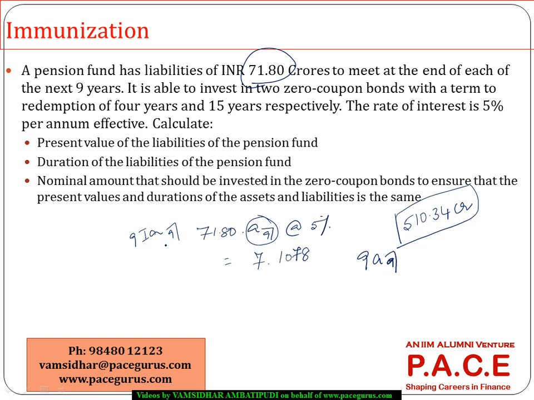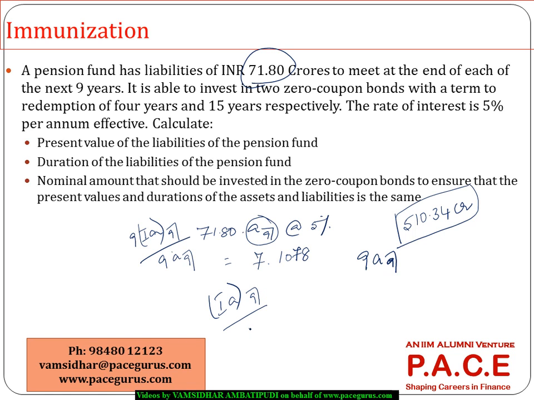It's a recurring payment, so we are looking at this duration as 9 times Ia9. So I get that duration value as 9 Ia9 divided by 9 times a9, or I could have taken it as Ia9 by a9.